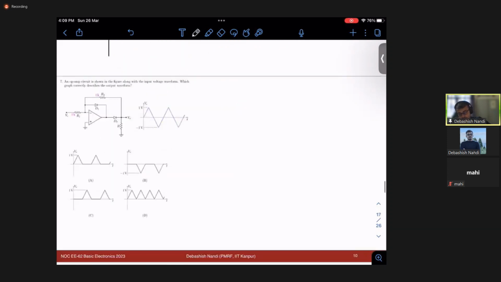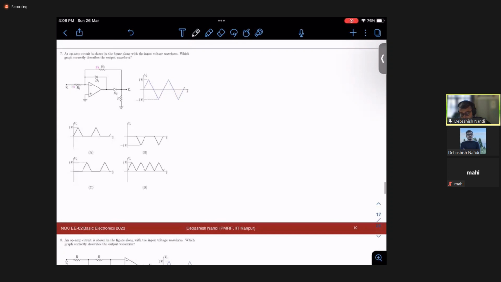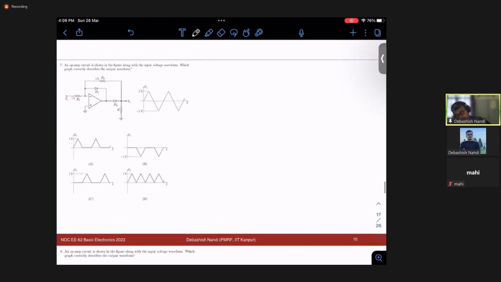Okay, let's move on to the next problem. Similar kind of circuits, but there are two paths. So how to analyze this kind of circuits?